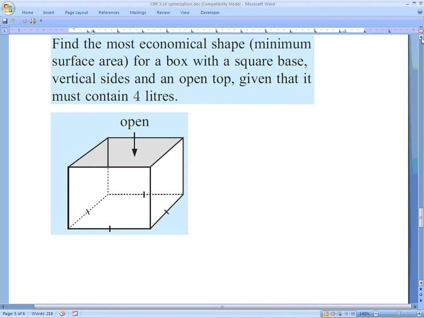look up how big a liter is. And a liter is 1/1000th of a cubic meter. Or you could say it's 1,000 cubic centimeters, interestingly enough. So I ended up working with the 1/1000th of a cubic meter.